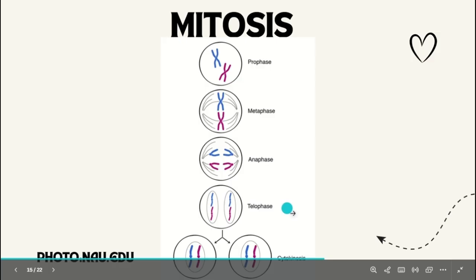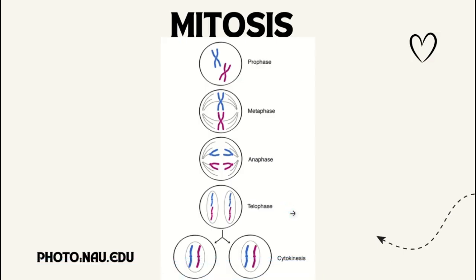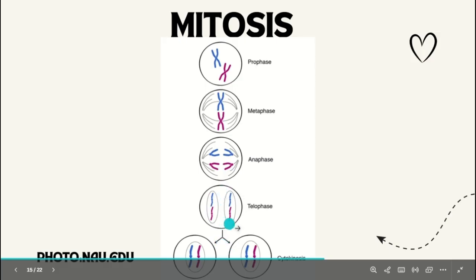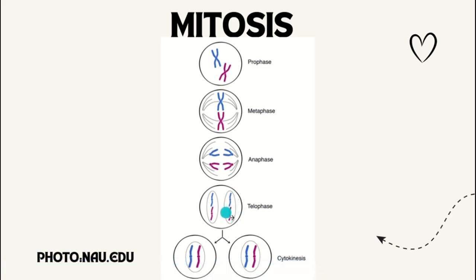And also in telophase, we call it the nuclear membrane. So the nuclear membrane starts building up. The circle around it is the nuclear membrane, right? And the chromosomes start becoming decondensed. As I said, this diagram is not the best diagram, but they become decondensed.